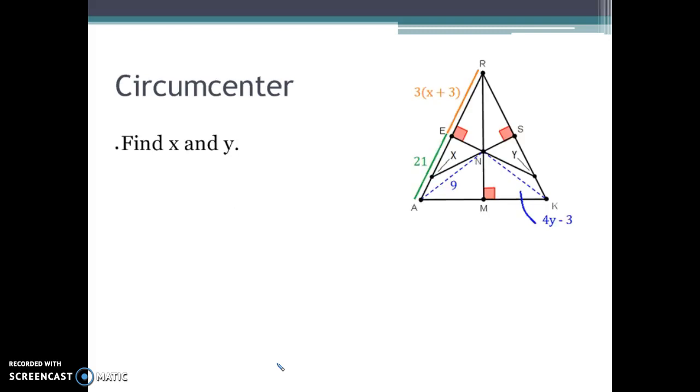And then we have the circumcenter. The circumcenter is where the perpendicular bisectors intersect. What's special about it is that it's the same distance from all the vertices. So all the corners are the same distance from the circumcenter. So in this case, I want to find x and y. If I look at x, I know that it's a perpendicular bisector. So that means it comes to the midpoint of each side.